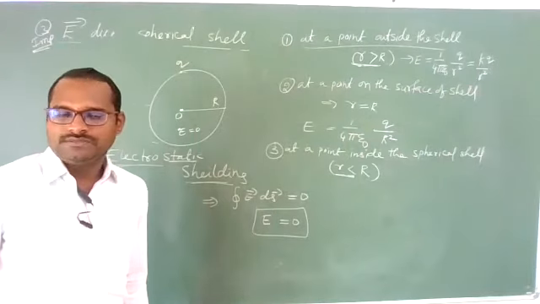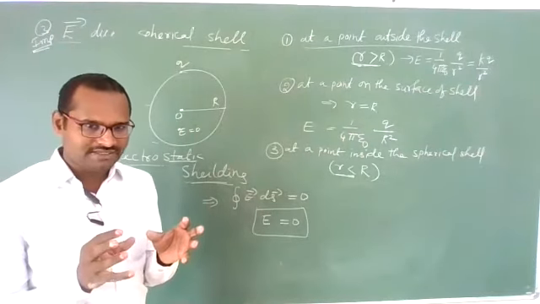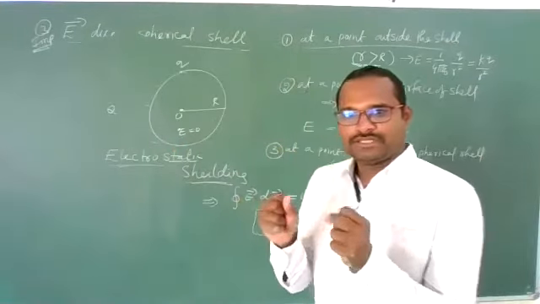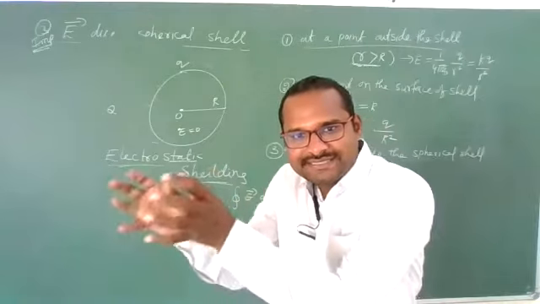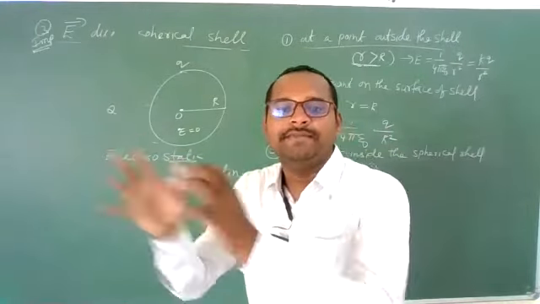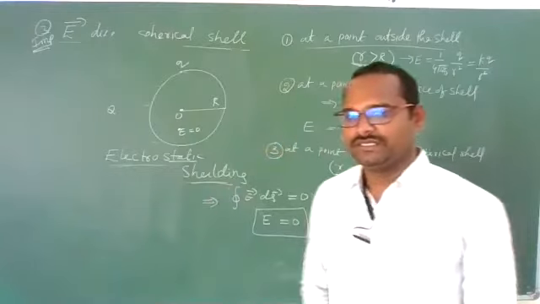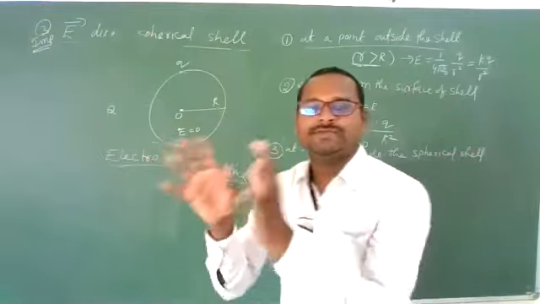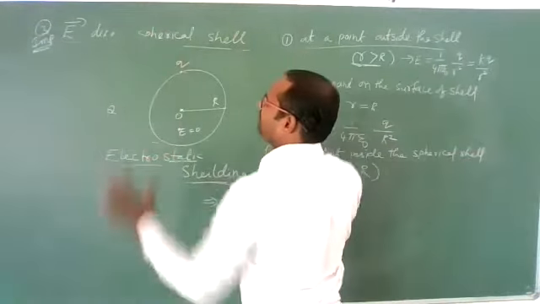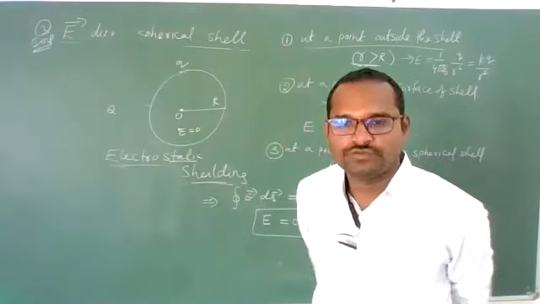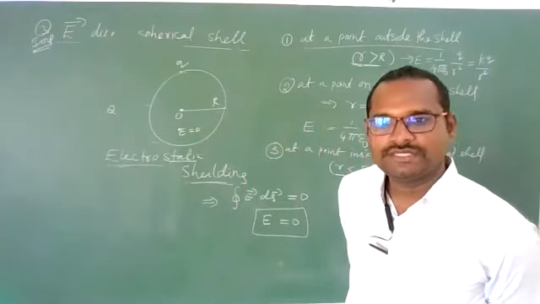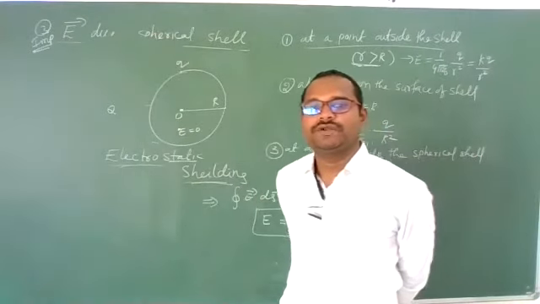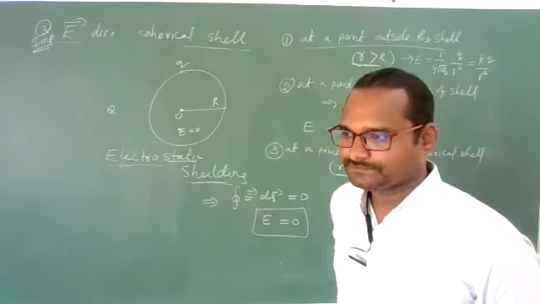If you keep that sensitive material inside an electric field, it will get damaged. How to protect that instrument? A simple technique: construct a spherical surface and keep that instrument inside it. Whatever electric field you have outside, the field inside is 0, so the instrument is protected from the external electric field. This process we call electrostatic shielding.